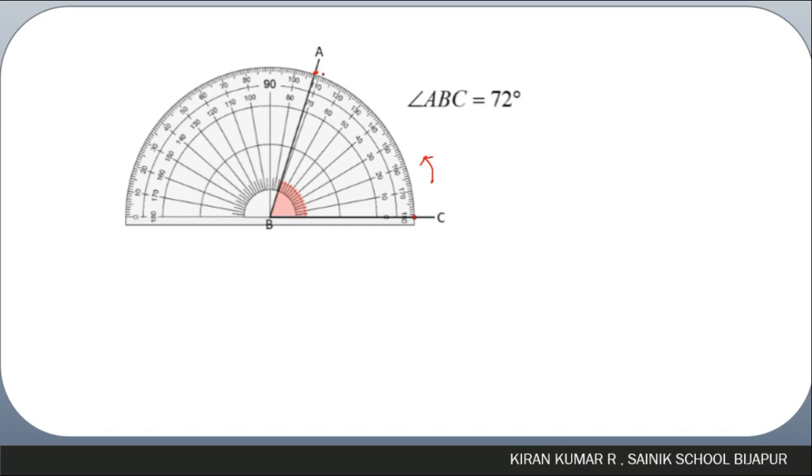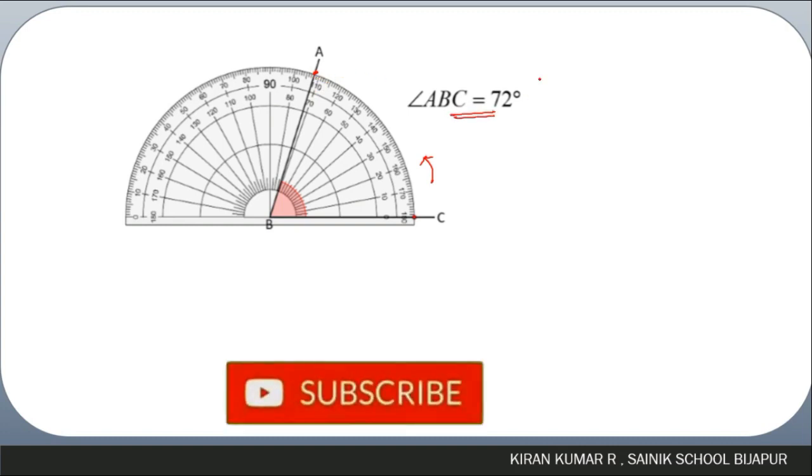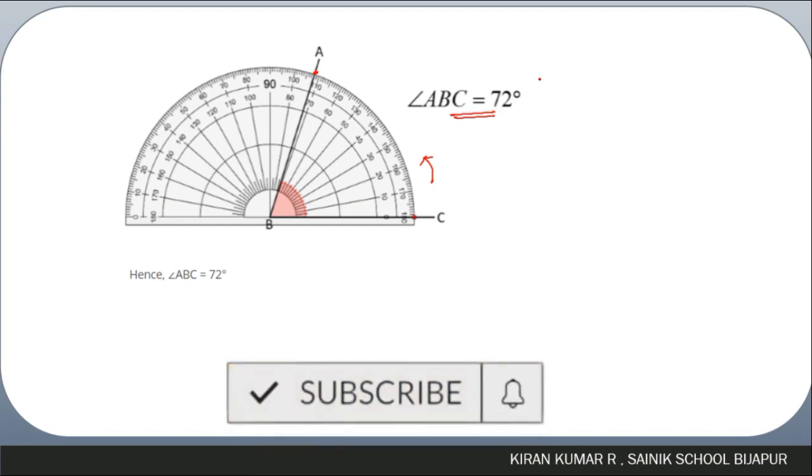The point where it touches the line segment AB gives the angle measure. Here after 70 there are two smaller lines, so 72 degrees is the measure of angle ABC, hence angle ABC equals 72 degrees.